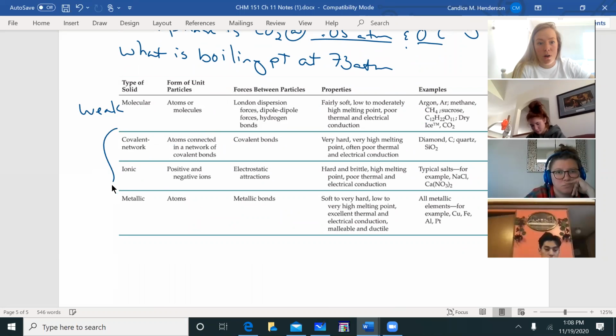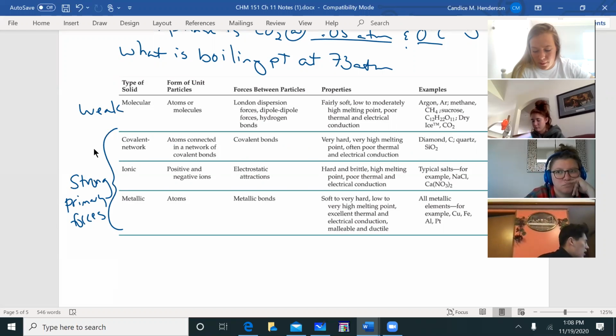And these are all strong. Sometimes we like to call these three as well primary forces, because these are like the main things that are holding it together. These are sort of secondary forces. These tend to do more subtle things.